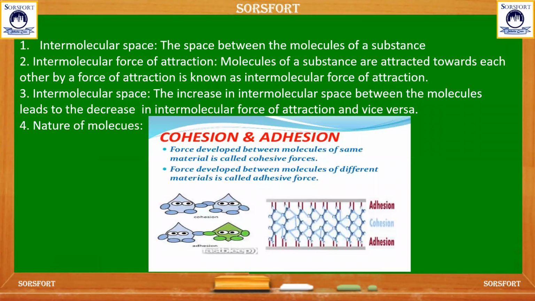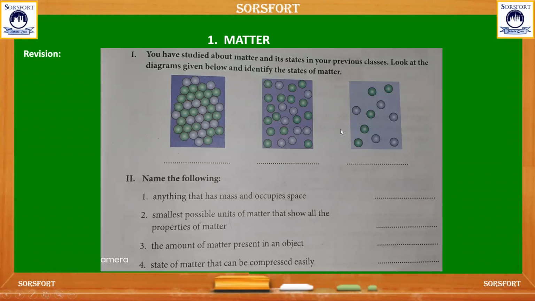From this lesson today we are learning about intermolecular space. What is intermolecular space? The space between the molecules of a substance. It's very easy to understand. From the previous page, we can understand that in the solid state there is no space.